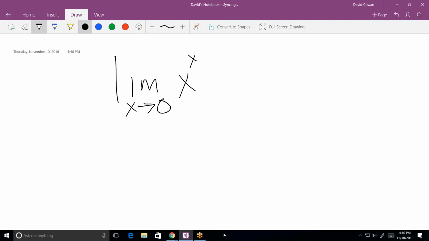That problem right there. I think the answer is. Is that the natural log? No, just the limit of x to the x power. Oh, limit of x to the x power, and x has to be above 0.